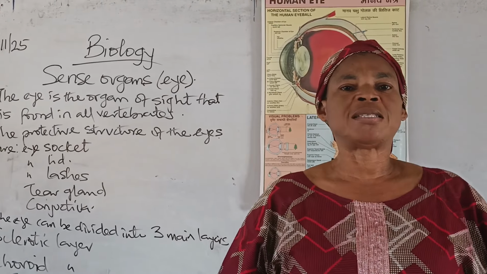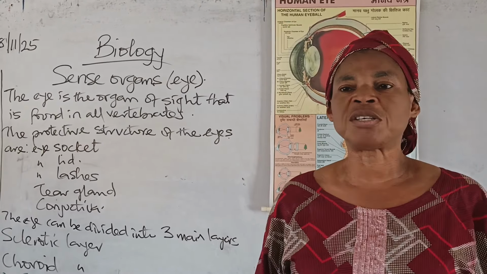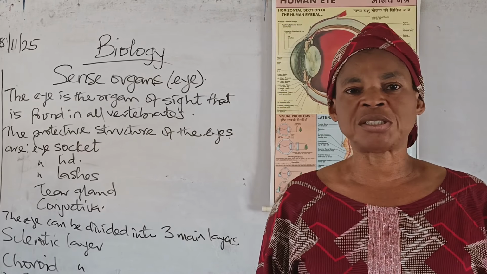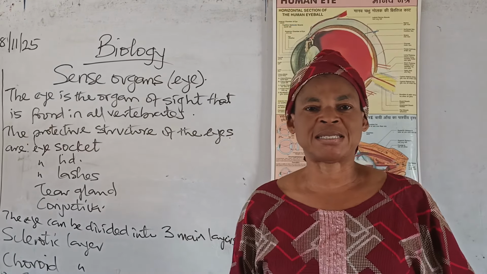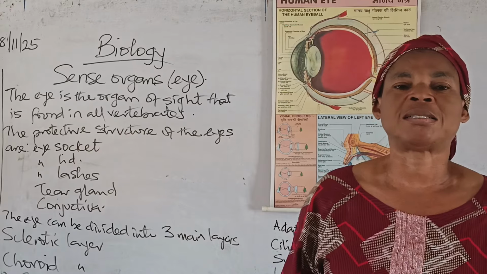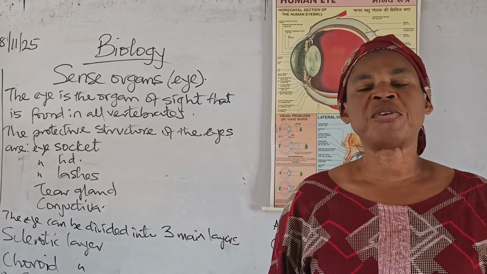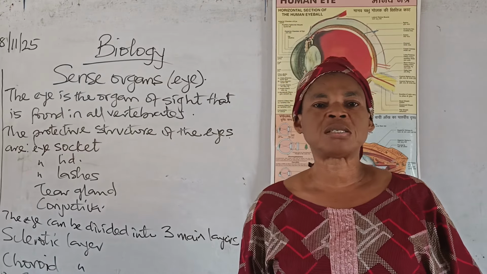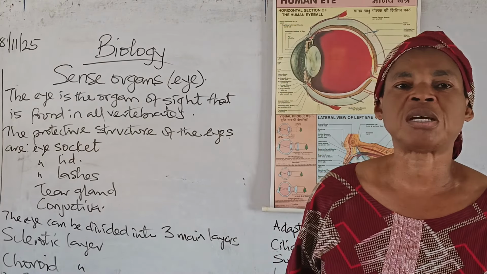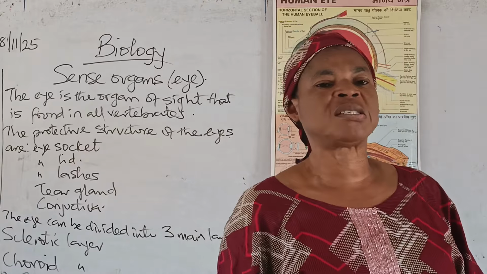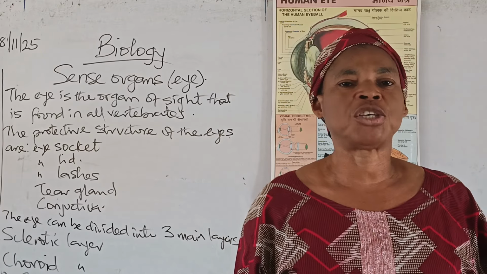injury. We also have the conjunctiva, the eyelashes, the eyelids, as well as the tear gland. The eyelids are where the tear glands are found. They prevent water and sweat from entering the eye, and also prevent mechanical injury.